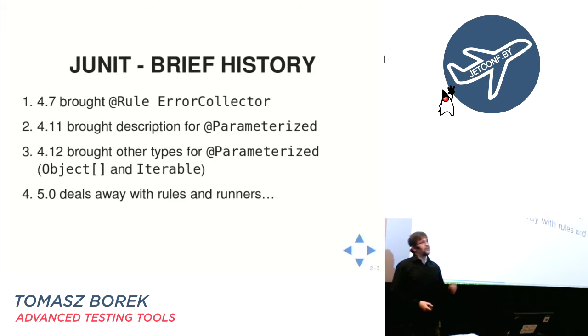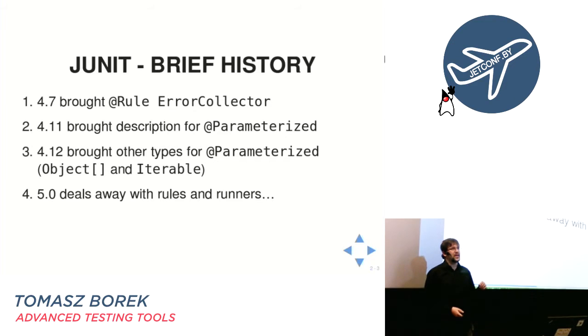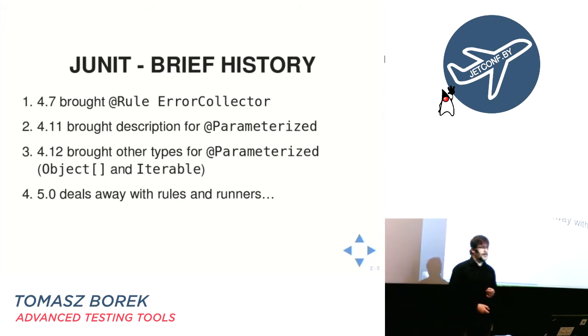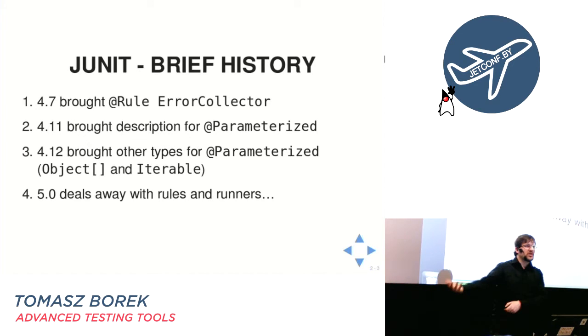If you update to 4.12, you'll have one more benefit for parameterized tests: you will be able to use, for example, just object arrays or just an iterable type as the return type for the method which creates your parameters. It will still have to be public static, but the return type may no longer be the collection of object arrays.